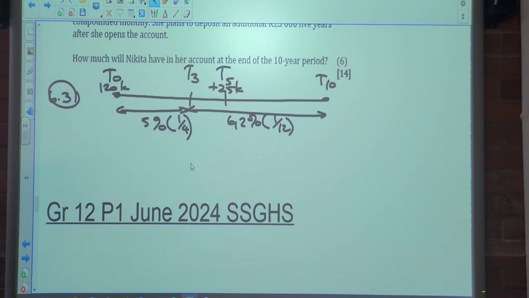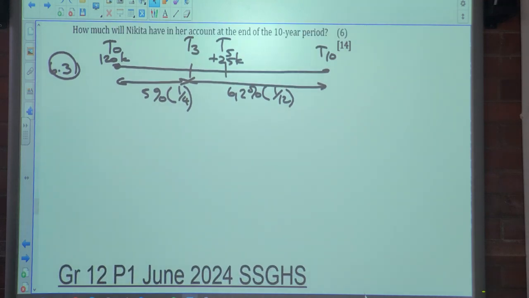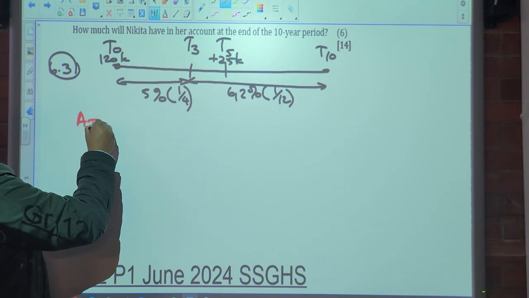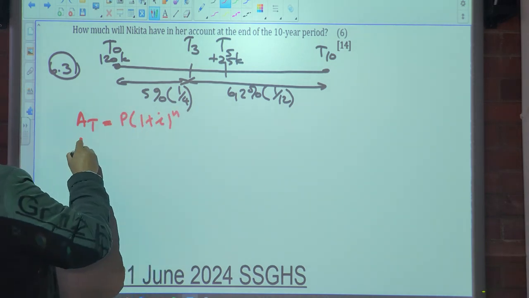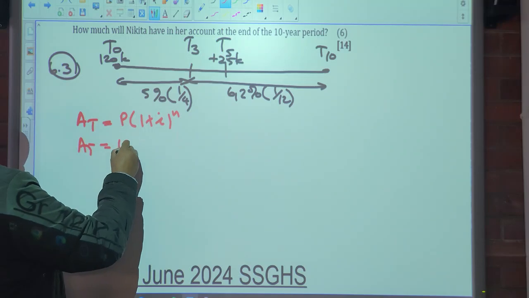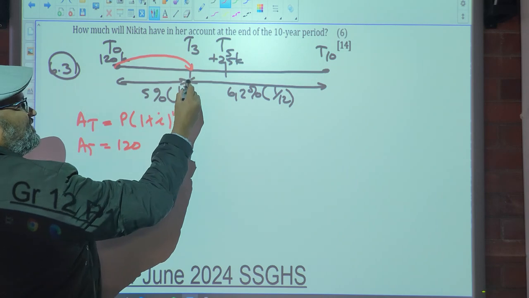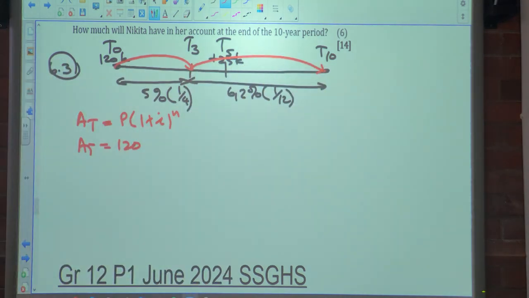So people, there are many ways of doing this timeline question. I'm going to take the totals to the end to make it easier. Firstly, the formula is P into 1 plus i to the exponent n. So your A total is going to be P, which is 120,000. We must first ground at 3 because the interest rate changes after that.